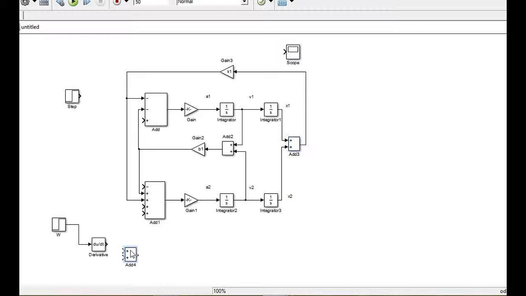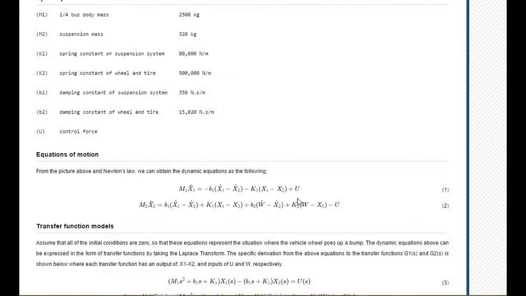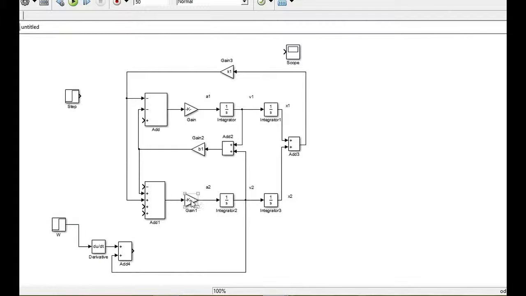And if you look at the equations, it is like w dot minus x2 dot, w dot minus x2 dot. I'll get it right after first integrator. Okay, and into it's b2. If you look at the equation, it's b2, w dot minus x2 dot into b2.